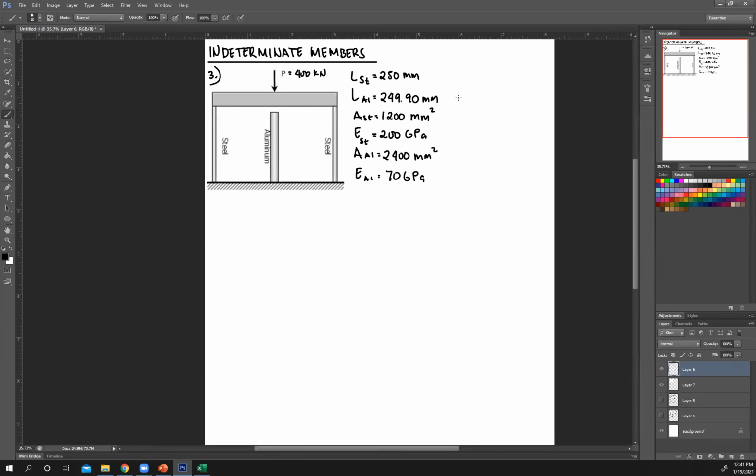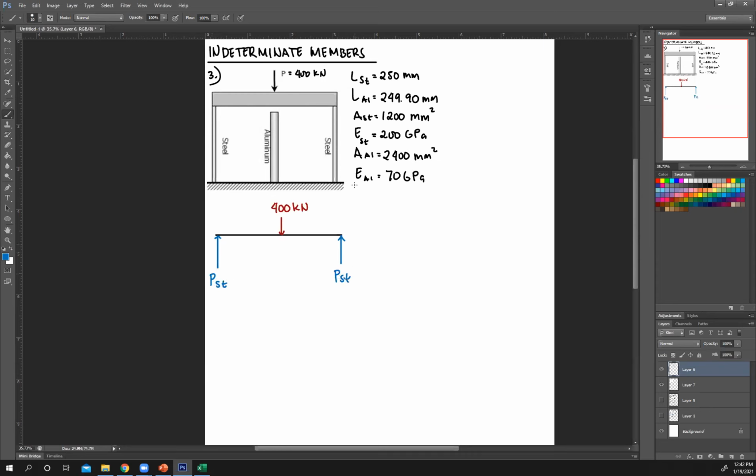So again, first write out your equilibrium equations and draw your FBD. Obviously your steel is going to react to this force and it's applied at these points. So that's your reaction of steel, let's call that PST.